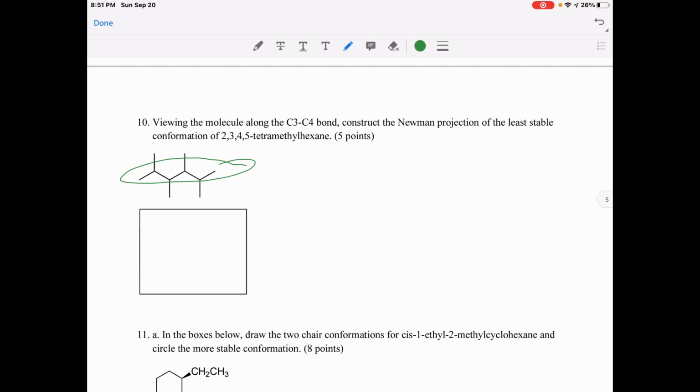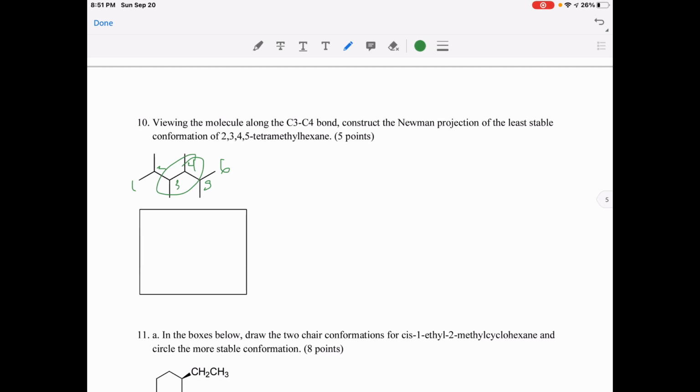When we do that, we can number from any direction because we have methyl substituents and they're all evenly distributed. We find that if we number the atoms, we find the C3-C4 bond that the question is asking for.